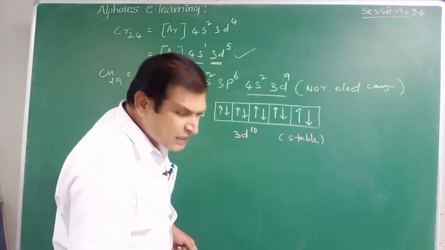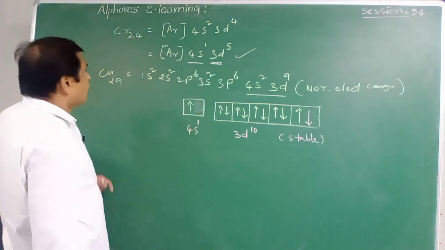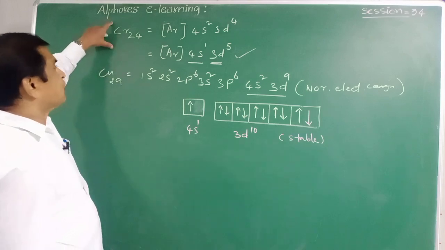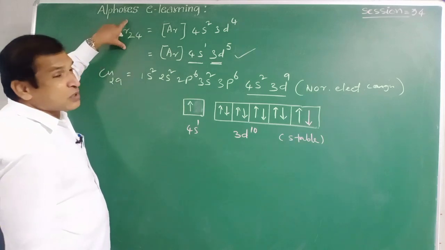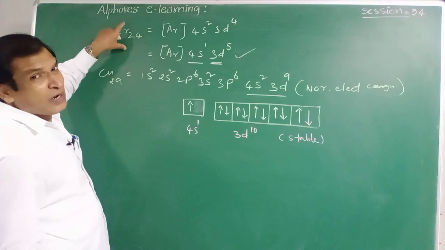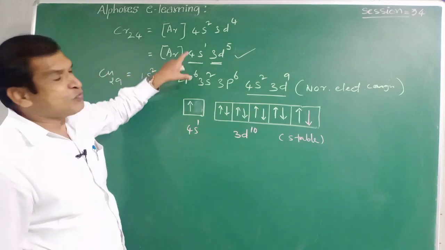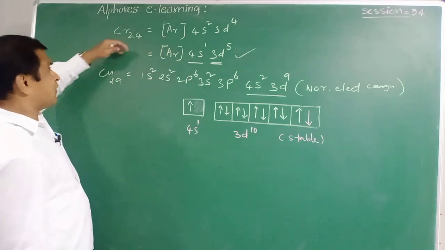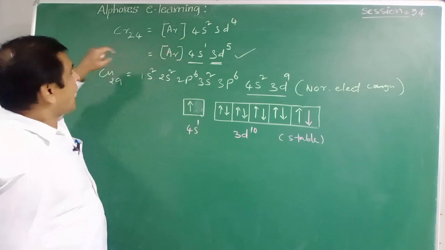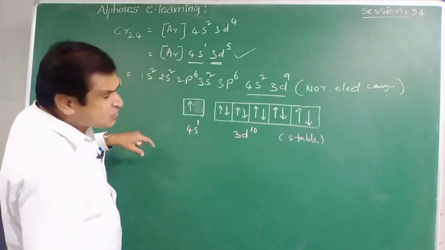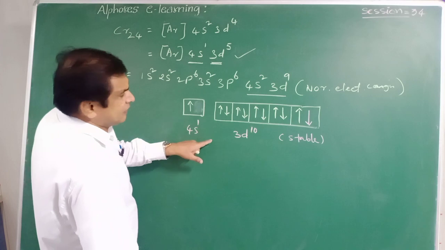Let us take up one more example. We completed two: chromium 24, which was completed in the last session along with the detailed exchange energies, and today we revised that in short, and we have taken copper, whose stable configuration is 4s1 3d10.